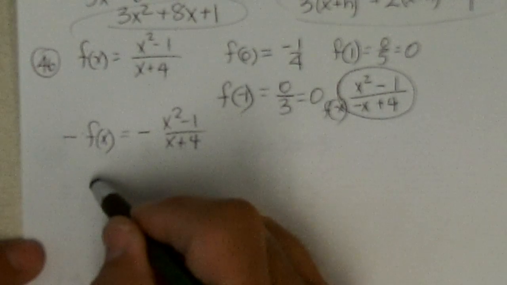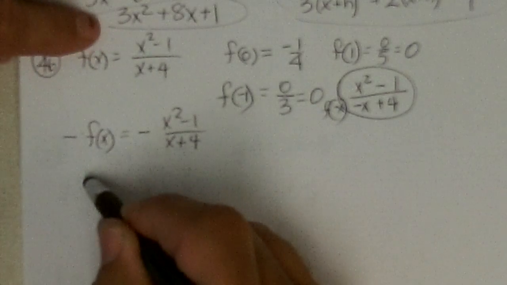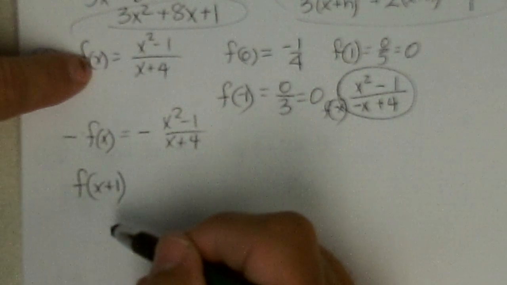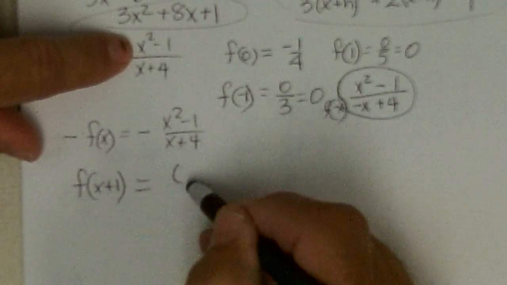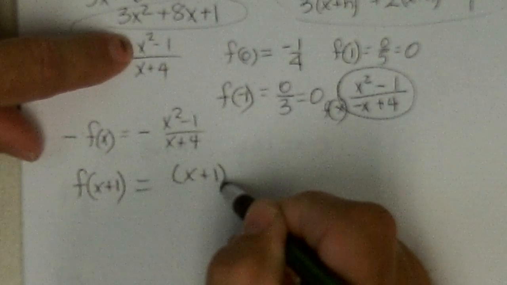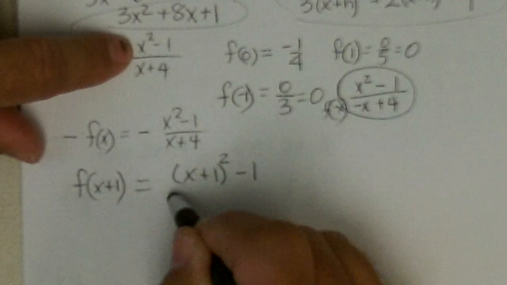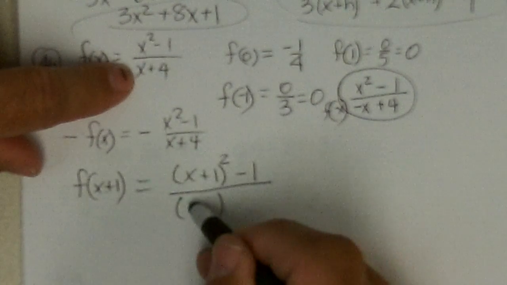And then we're supposed to do f of x plus 1. So f of x plus 1 means we're replacing our x's with x plus 1's. So we have x plus 1 replacing that x squared, minus 1 over, replacing that x with x plus 1.